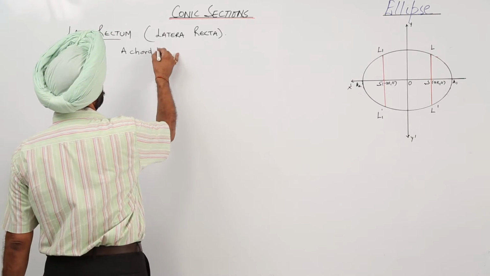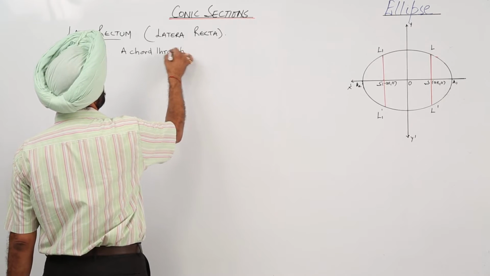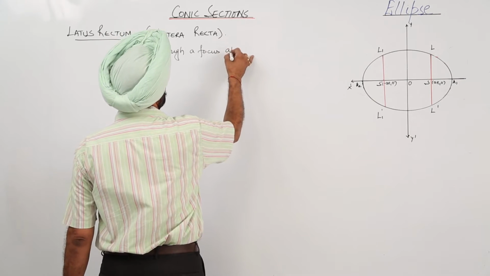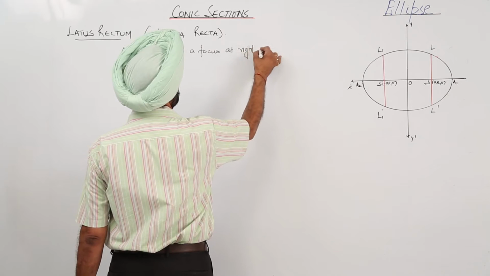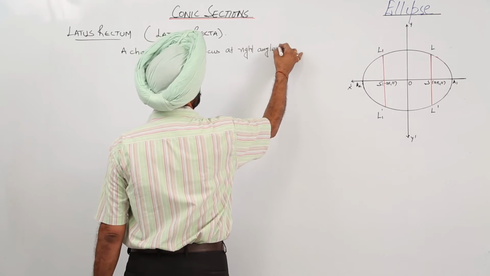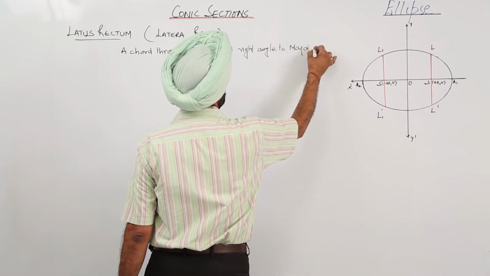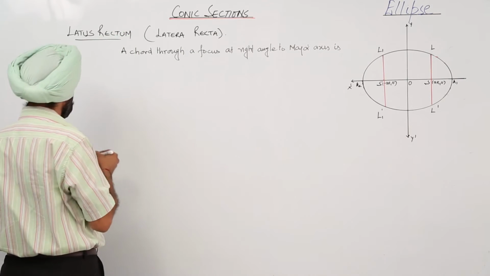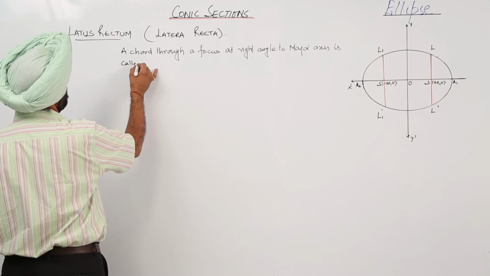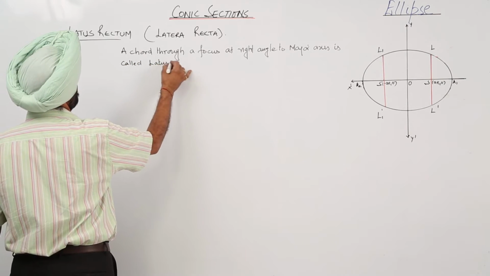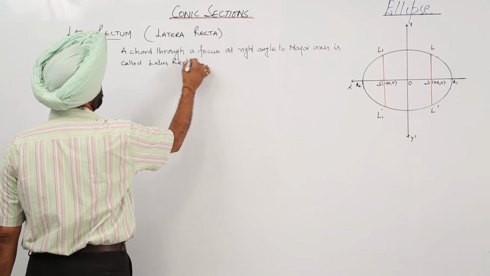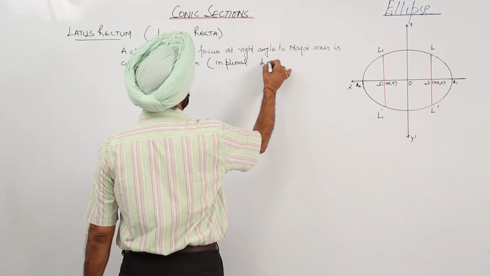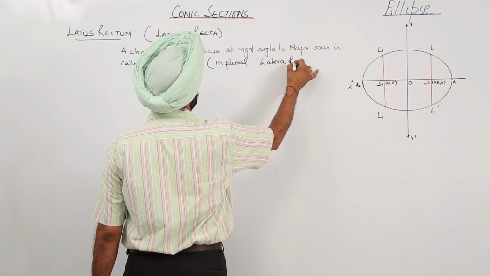Now a chord through a focus at right angle to the major axis is called latus rectum. L-A-T-E-R-A, latera recta.